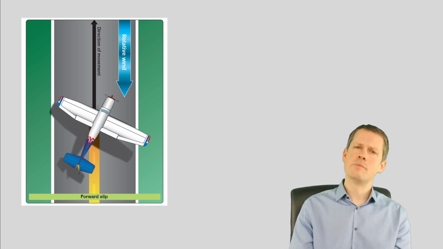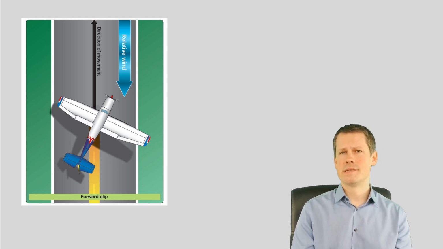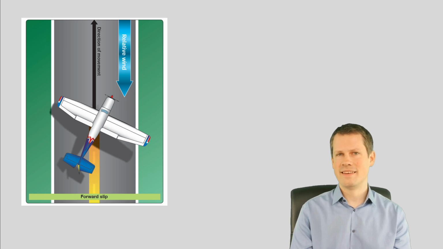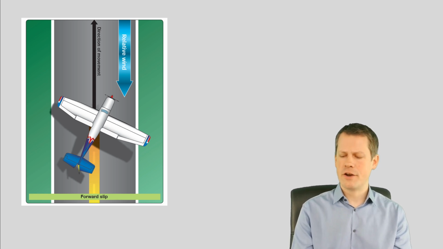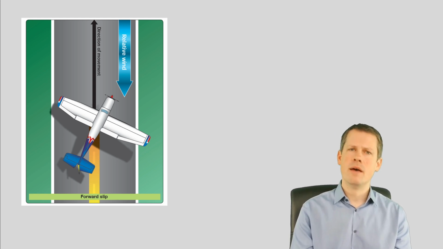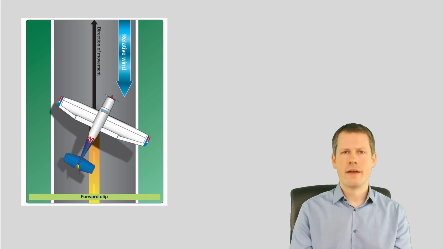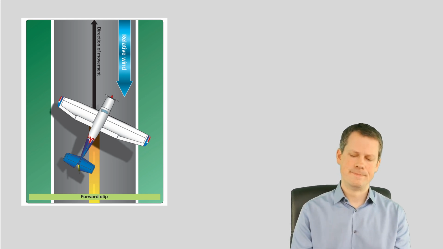So the indicated airspeed might have a considerable error. You need to take that into account. So it's even more important that you're able to judge the slip, not only by the airspeed, but by the attitude, by the sound of the air, and just the feel of the controls.